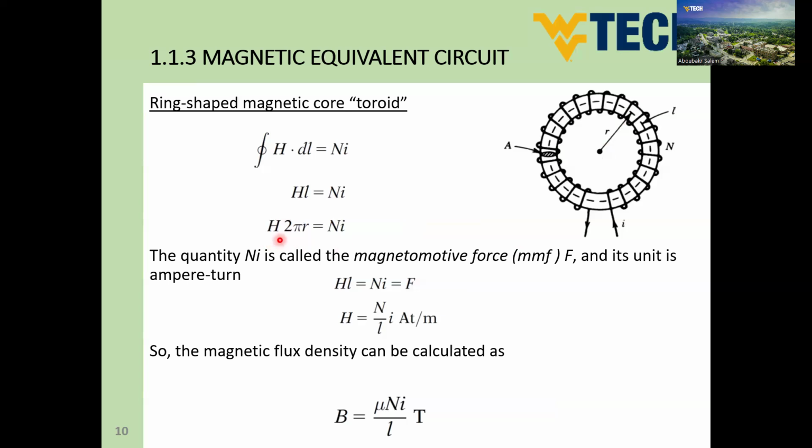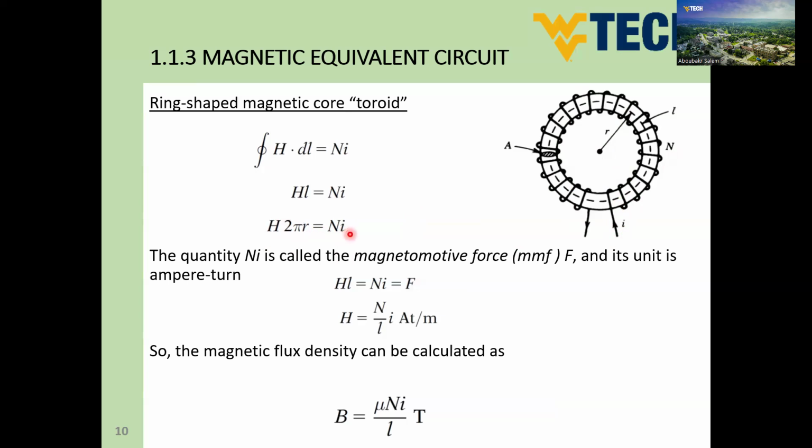So H times 2 pi r equals N, which is the number of turns of this coil, times I, which is the electrical current flowing in this inductor. So this is our relation now: H times 2 pi r equals N times I.